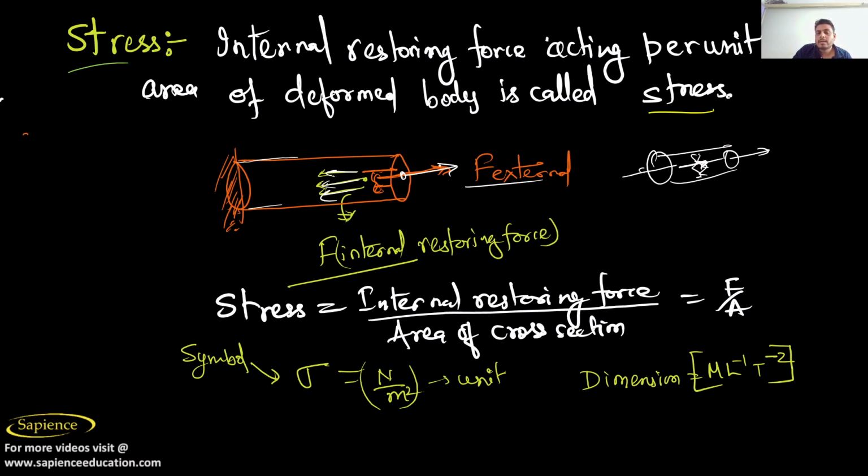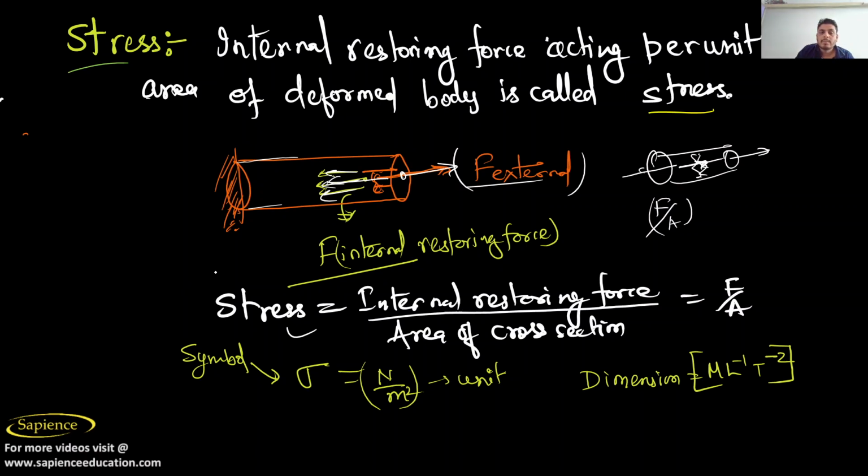So if you are applying an external force, the restoring force will apply in the opposite direction. So the restoring force per unit area is known as stress. So stress can be defined as the internal restoring force per unit area. The more force, the more stress.